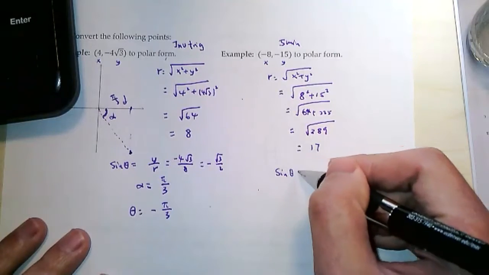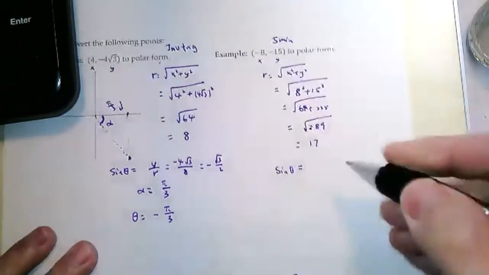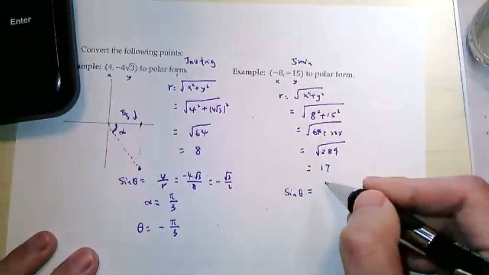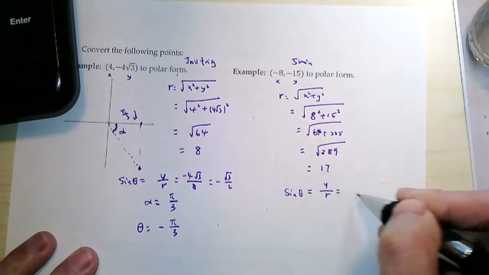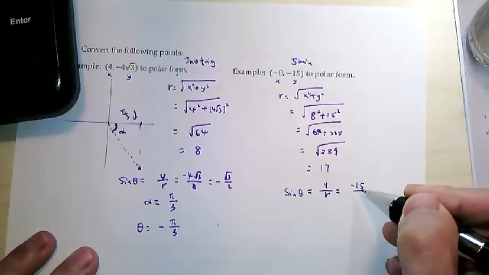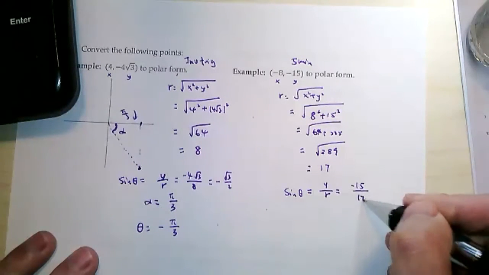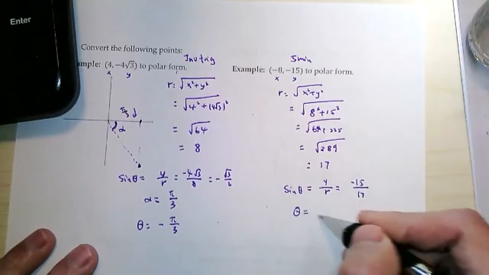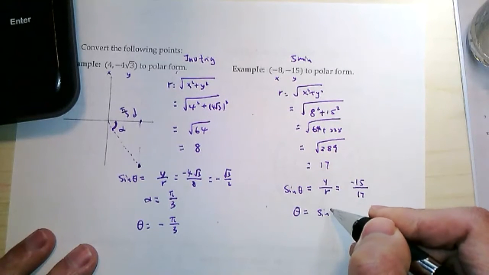Let's figure out what is our sine theta. Sine theta is y over r. So it's negative 15 over 17. So our theta is inverse sine of that.